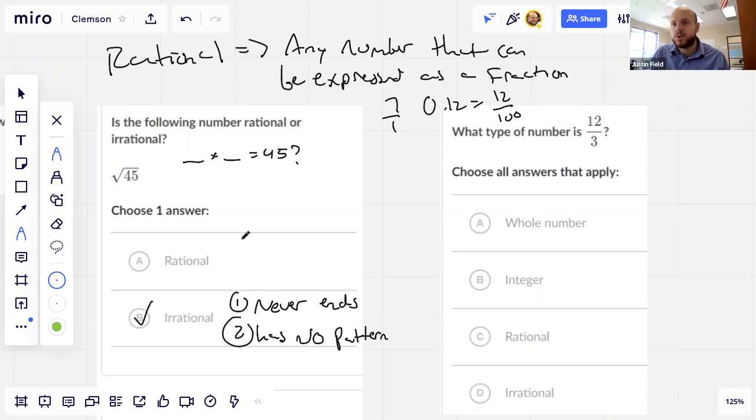They're repeating decimals, right? But they have a pattern. And an irrational number has no pattern. It's crazy. It goes on forever with no pattern. You know, how could that happen? But there are so many of them. All the square roots that are not perfect squares, and then some special ones I'll show you in just a second. But don't get tricked.